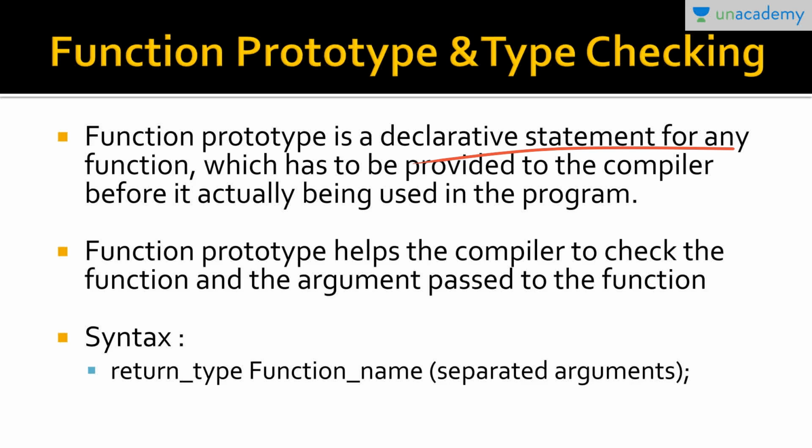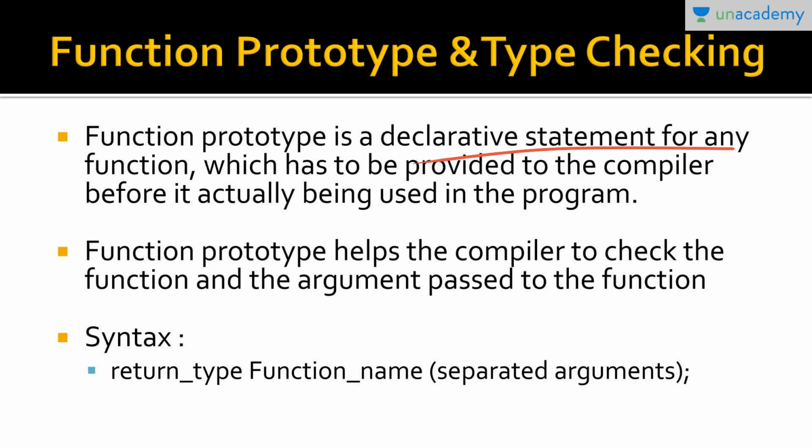And what is function type checking? Function prototypes help the compiler to check the function and the arguments passed to the function. Basically, function prototypes help the compiler to check what functions are being used and what arguments are being passed to them.